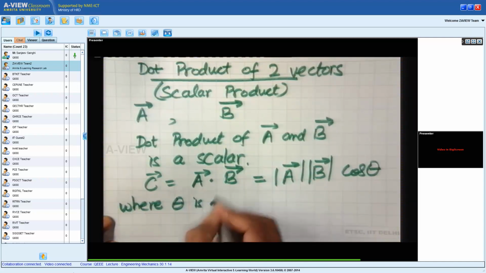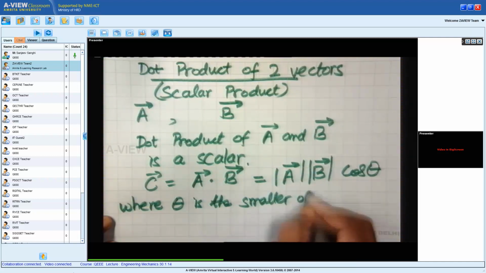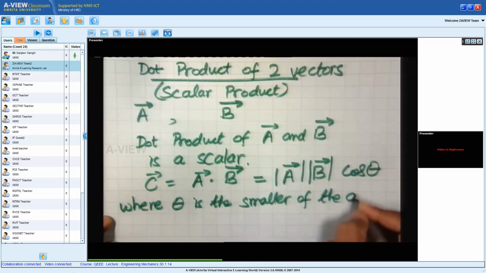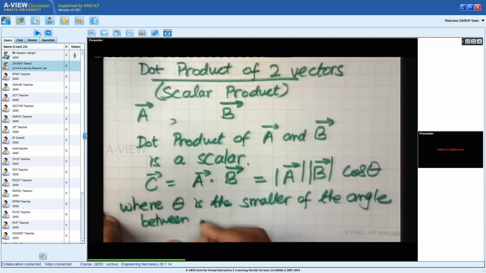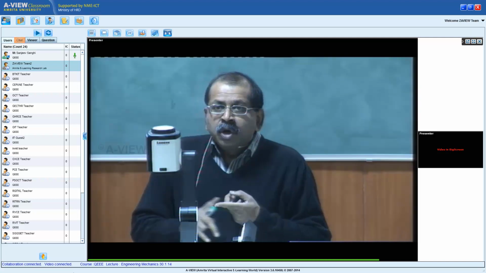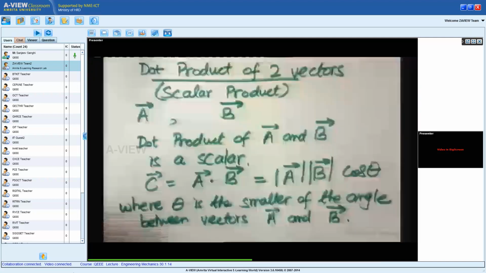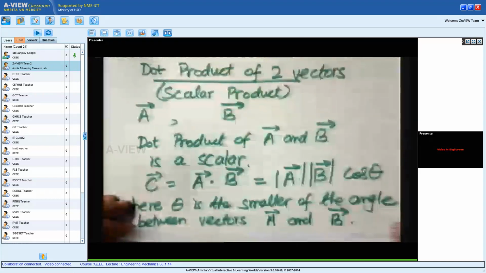Theta is the smaller of the angles between vectors A and B. When we have two straight lines, the angle between them could be either a small angle or a big angle, and we choose the smaller of the two angles.